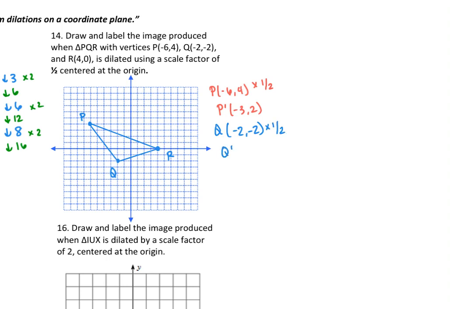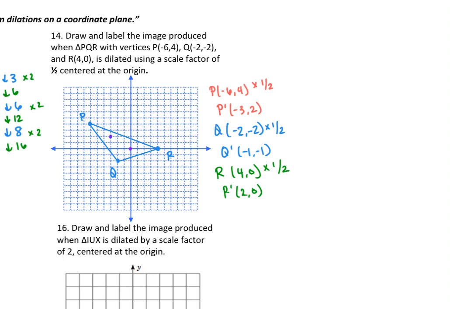So Q prime is going to be -1, -1. And then R is 4, 0. So I'm going to multiply that by the scale factor. So that means R prime is going to be 2, 0. Remember that you can only do this if your center of dilation is the origin. If the center of dilation is not the origin, you are not able to do this.